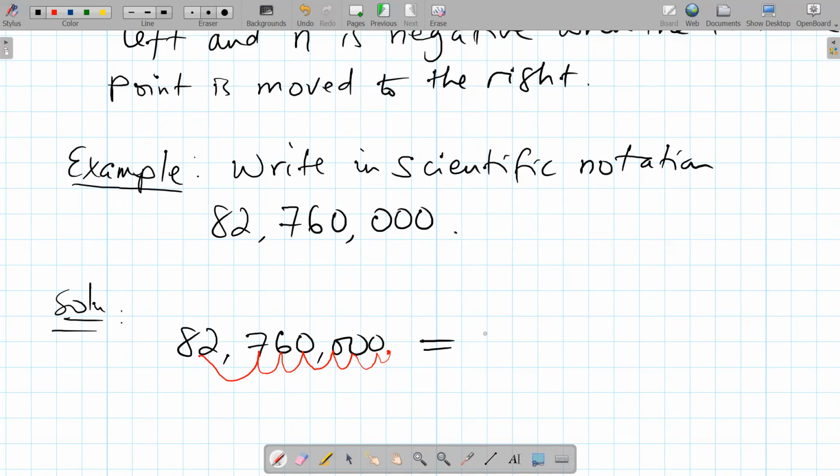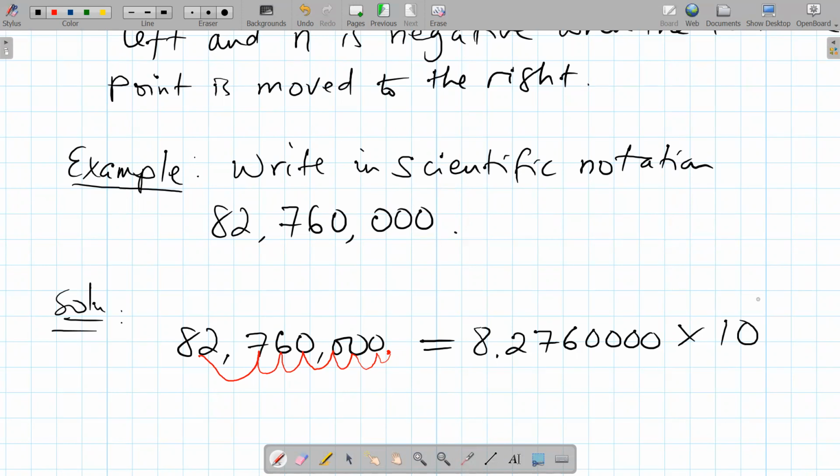So that means that I'm going to have 8.276000, and then times 10 raised to how many times I moved? 1, 2, 3, 4, 5, 6, 7.